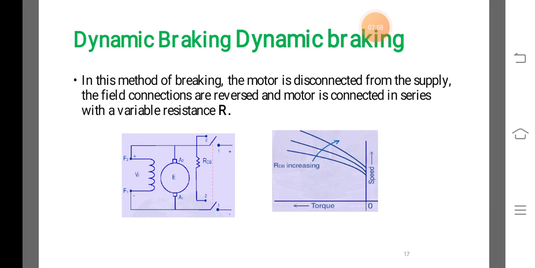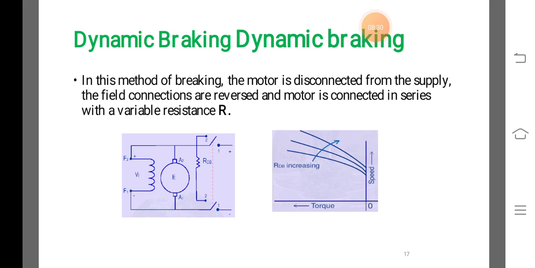The armature, while slowing down, rotates in a strong magnetic field and operates as a generator, sending a large current through resistance R. This causes the energy possessed by the rotating armature to be dissipated quickly as heat in the resistance. As a result, the motor is brought to a standstill quickly.